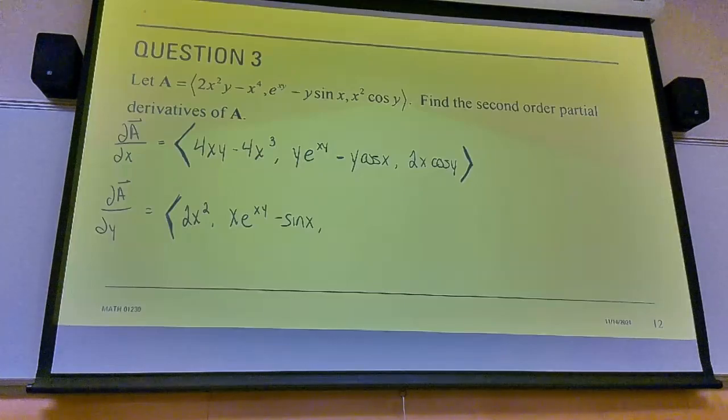Third component. Negative sine of y times x squared. Negative x squared times sine of y.